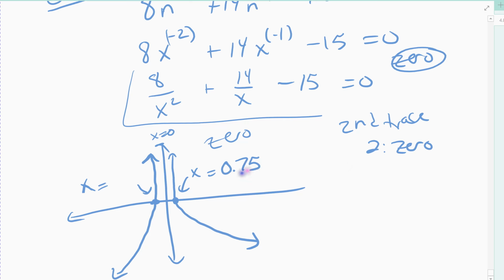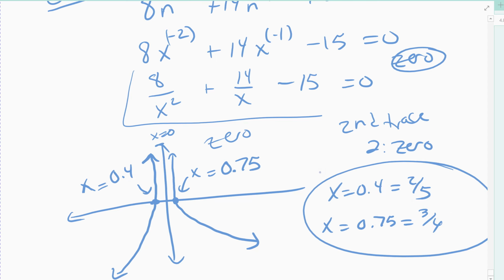I did the wrong one when I typed in my fraction. And this one comes out 0.4. So 0.4, which is 2/5, and 0.75, which is 3/4. Keep wanting to flip that. And so it does check.